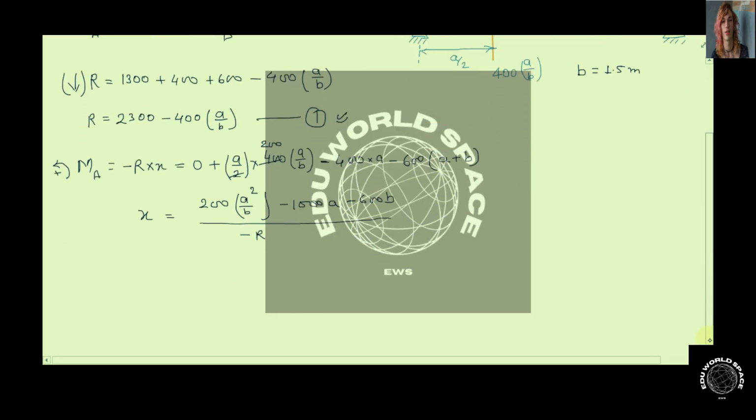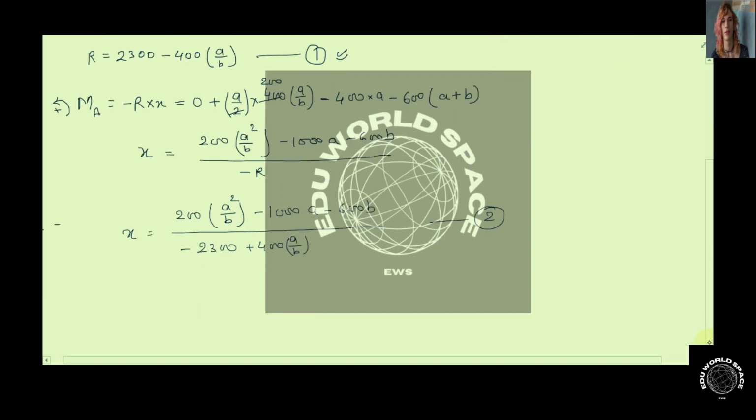So by using equation 1, x is equal to 200 A square upon B minus 1000 A minus 600B, divided by minus 2300 plus 400 A upon B. This is our second equation.